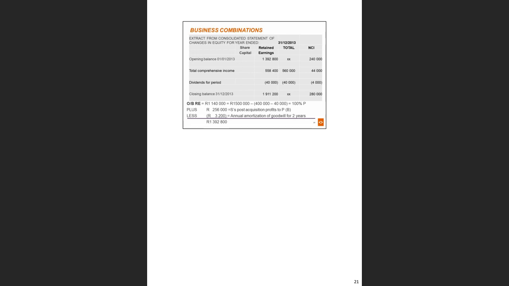So the opening balance needs to be reduced for the amortization of the goodwill for 2011 and 2012. The 2013 goodwill, in other words, the current year goodwill, will obviously not be included in the opening balance. That will be included in the closing balance.